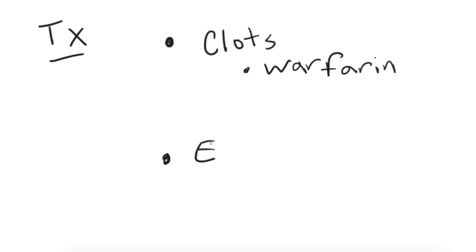Something else to consider is what if they want to do an elective direct current? So they want to convert them. The patient's not really tolerating medication well, so we want to convert them.